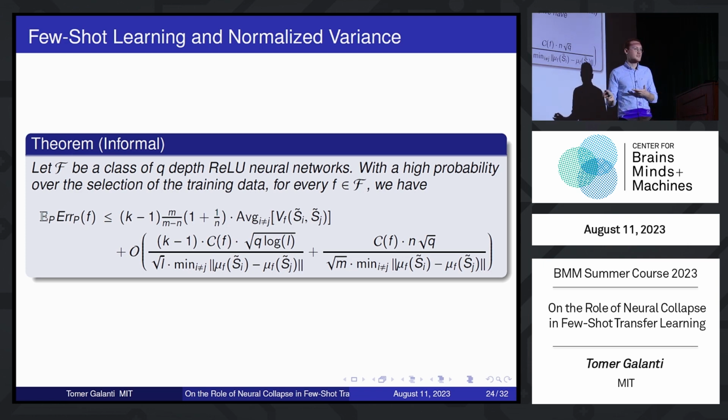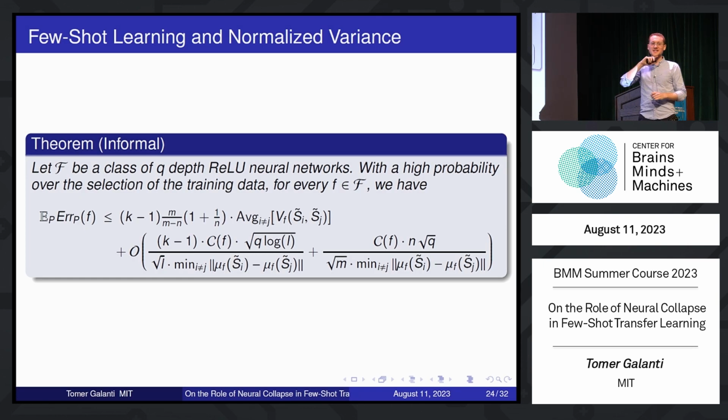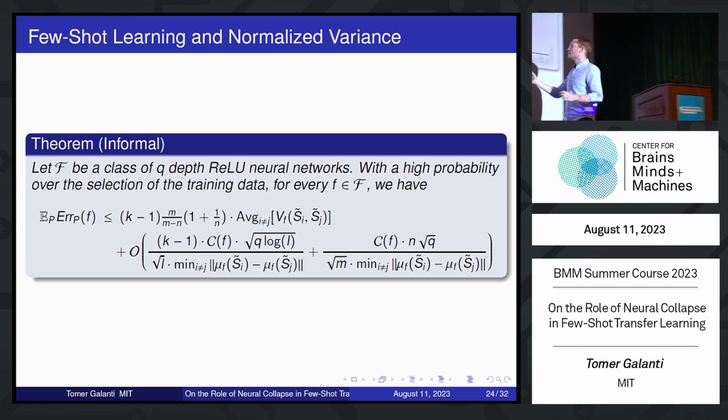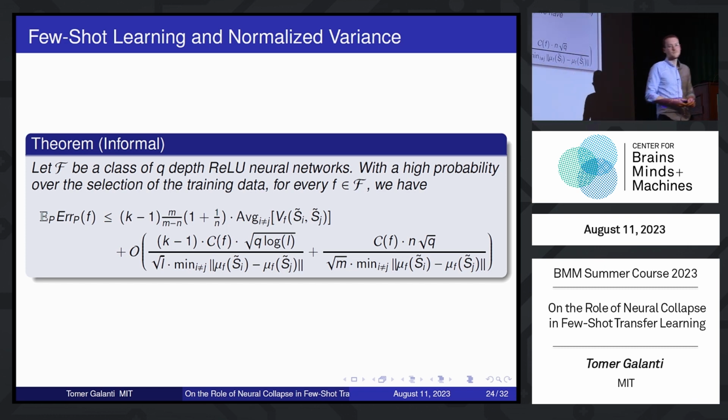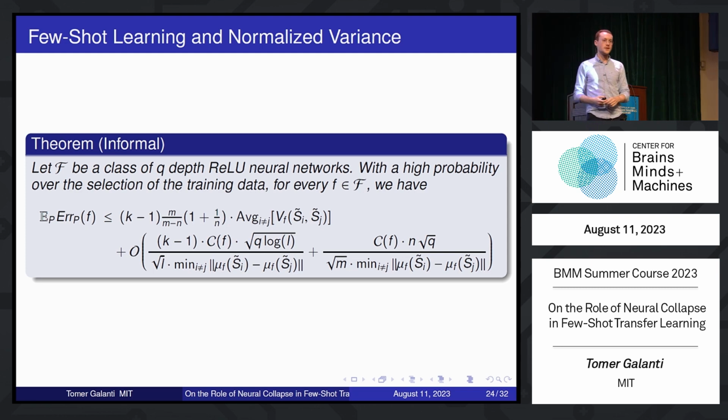Okay, any questions? Yeah. The derivation of these bounds is based on Rademacher complexities, and just to get an end-to-end bound, we investigated what happens with neural networks, but it could work for any other model, assuming that neural collapse is a sensible assumption in that case, but it doesn't always happen, right?